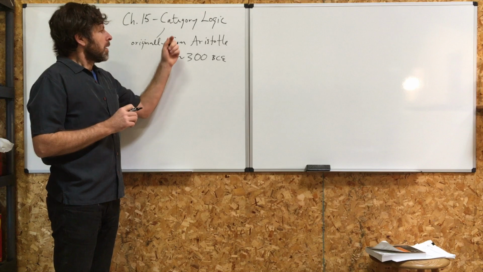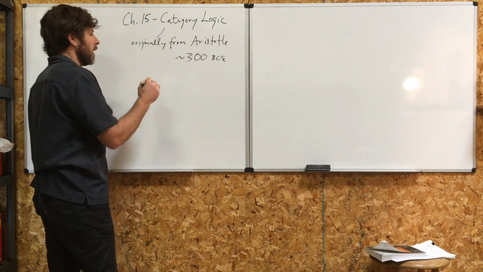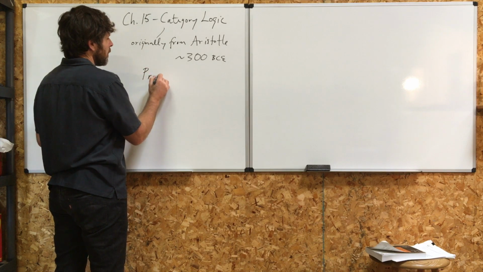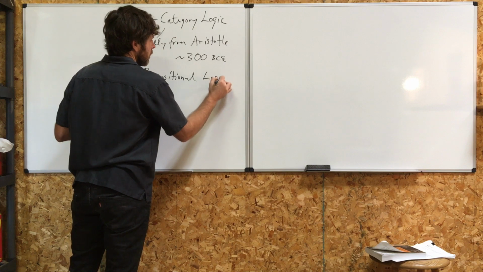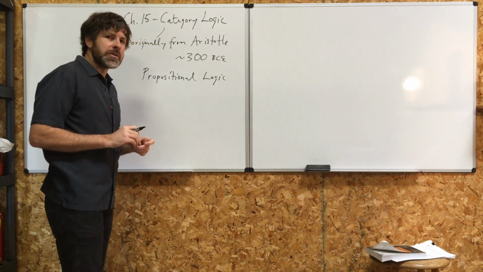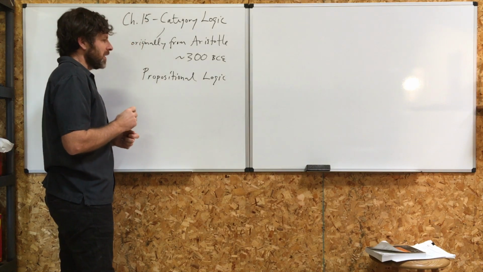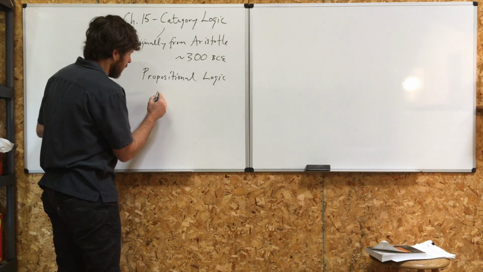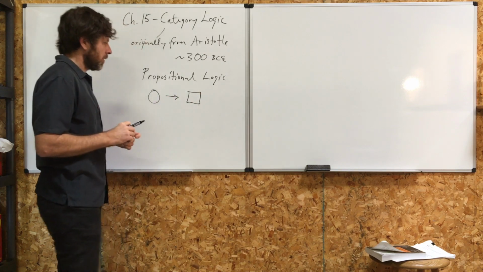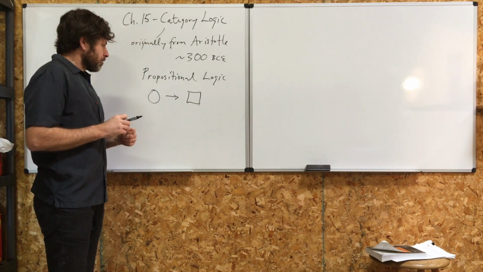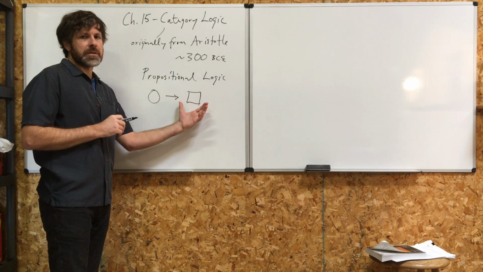Now, let me contrast it with the logical system we've already looked at, and that is propositional logic. Remember, in propositional logic, our statements took this kind of form. We had things like circle, arrow, square. We had something like this: if something's a cat, then it's a mammal.